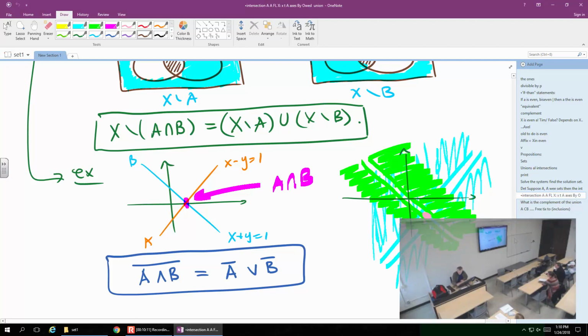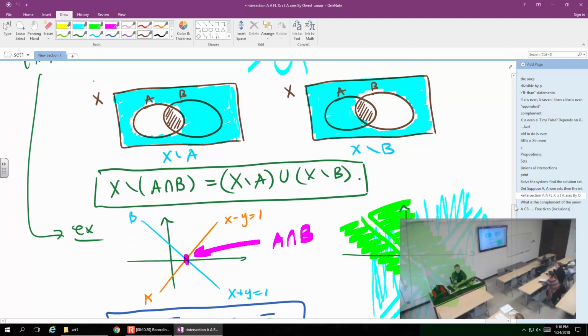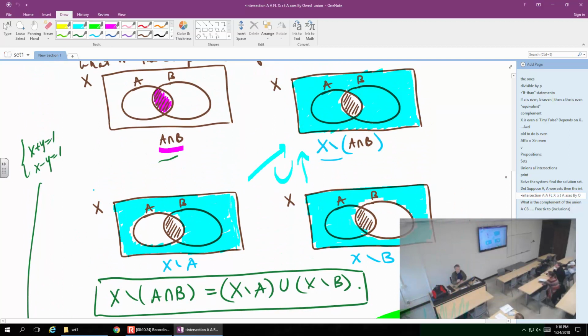Let's think of an example of statements. The sets are illustrated so easily that these pictures make sense to use when you visualize things. If you remember the two pictures at the top, you got to remember all the pictures.